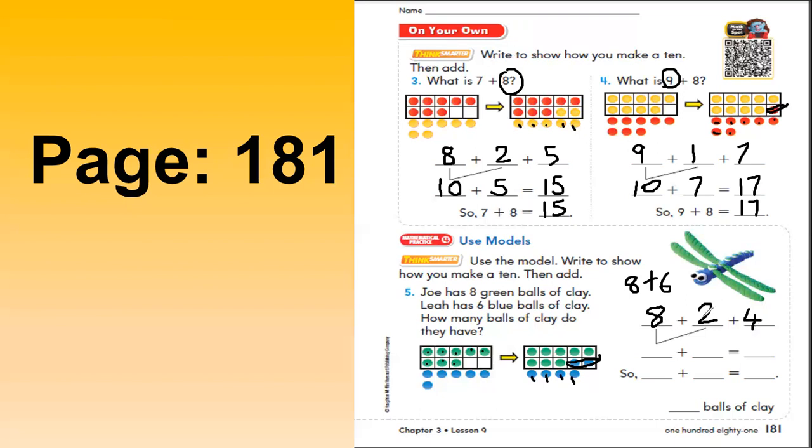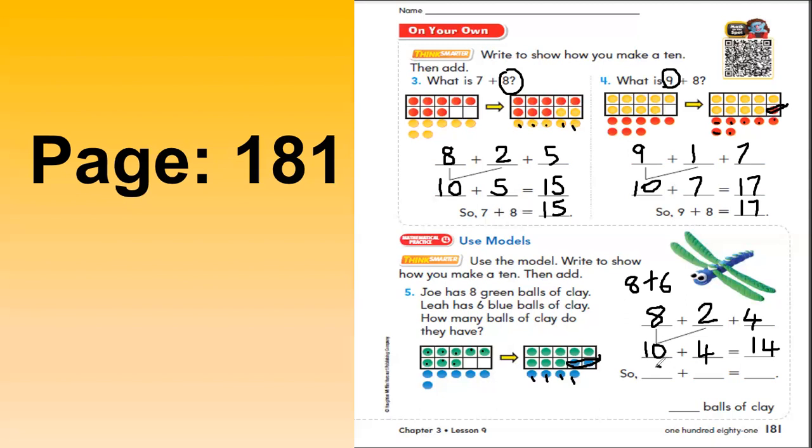Now, what is 8 plus 2 plus 4? So 8 plus 2 gives me 10 plus, don't forget the 4. So 10 plus 4 gives you, yes, 14. So what will be the sum here?